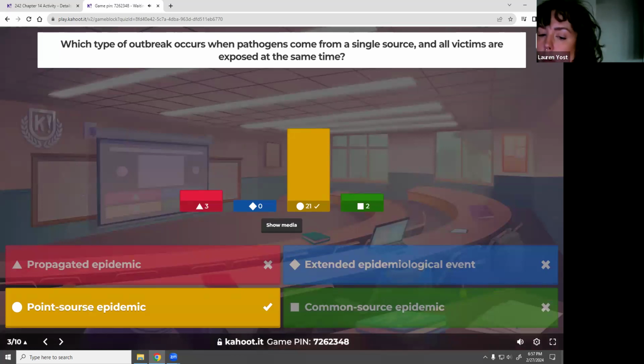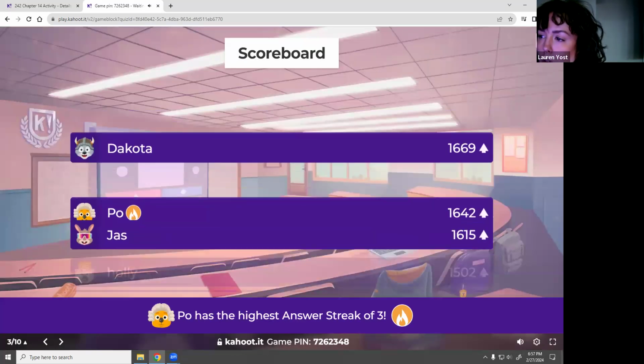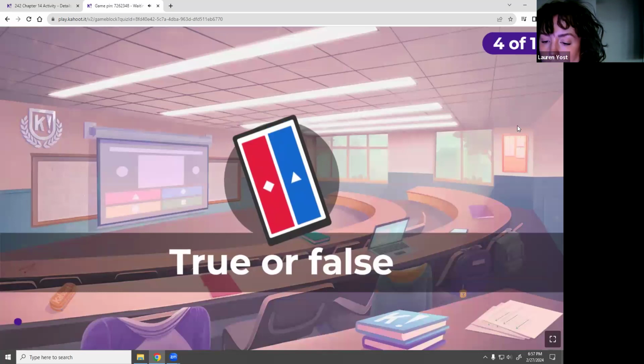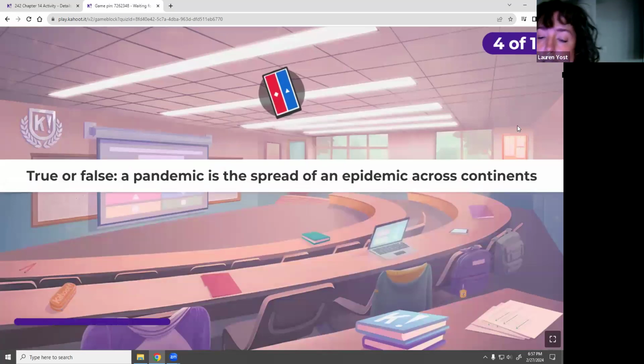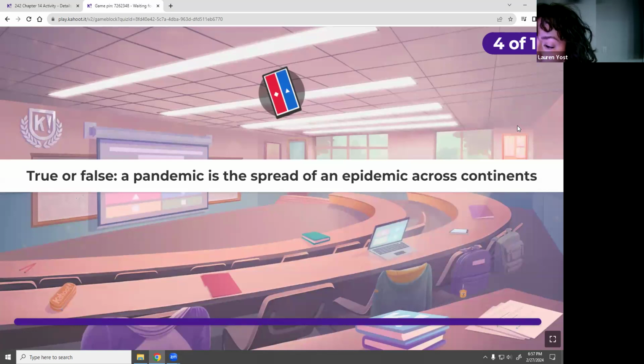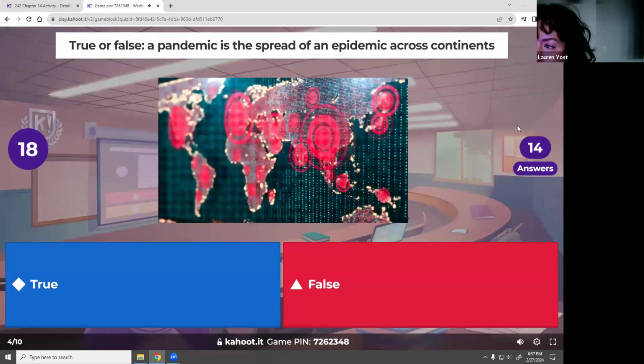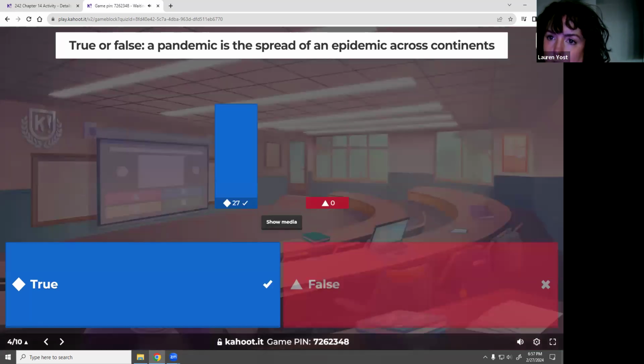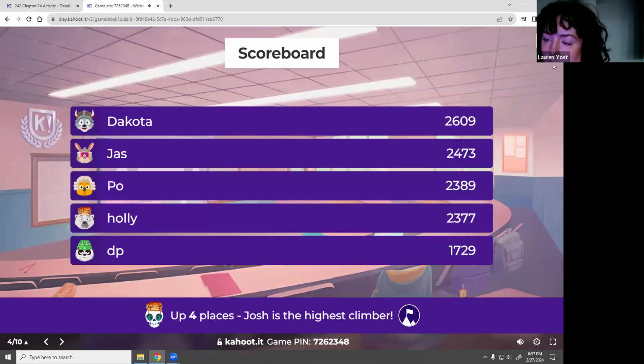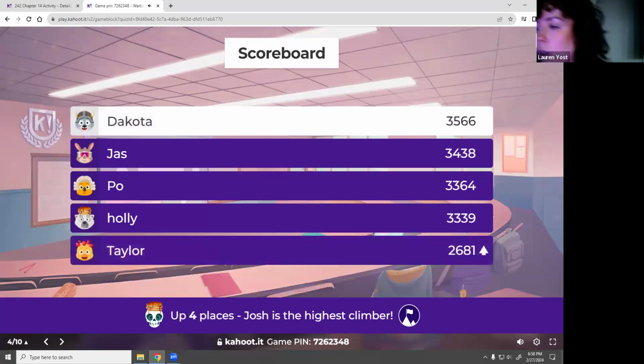Yep, that's point source. Good job. All right, true or false, a pandemic is the spread of an epidemic across continents. All right, good job. Everybody got that one.